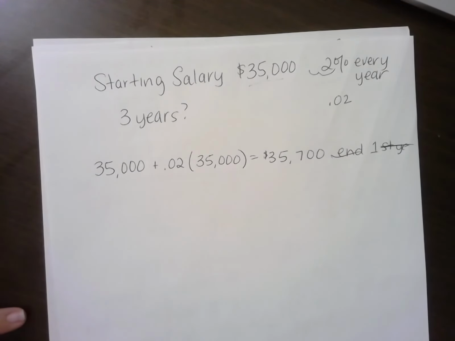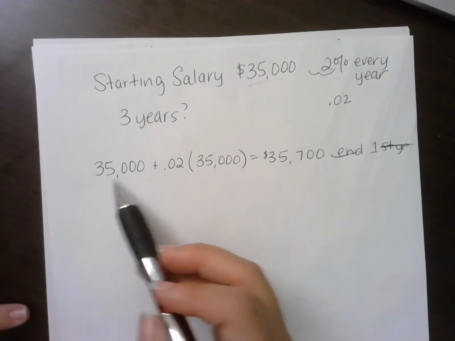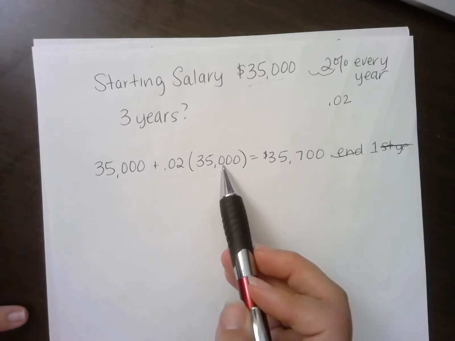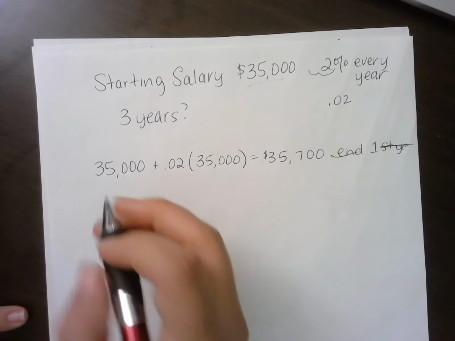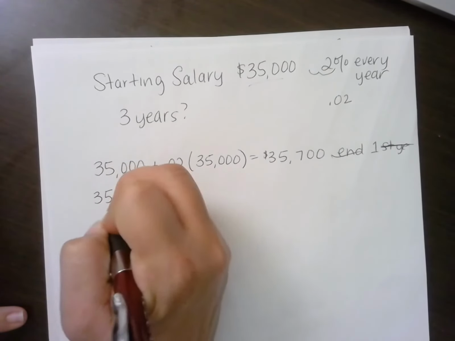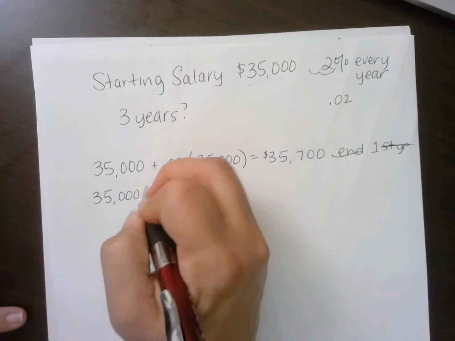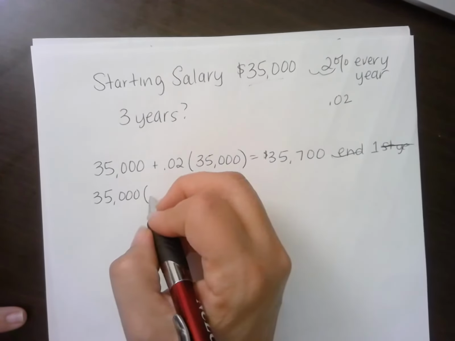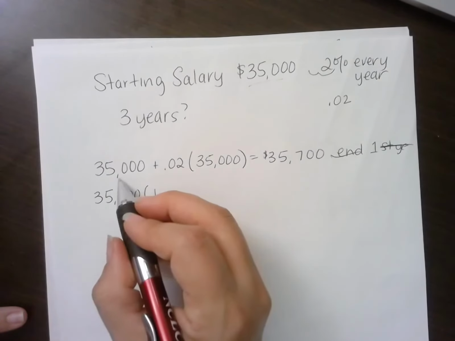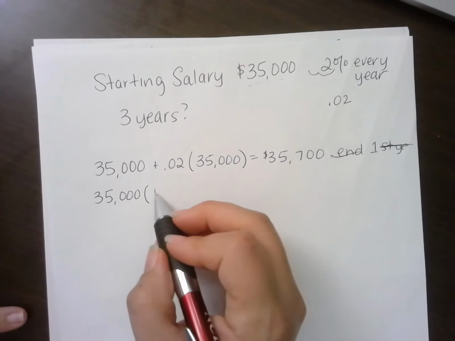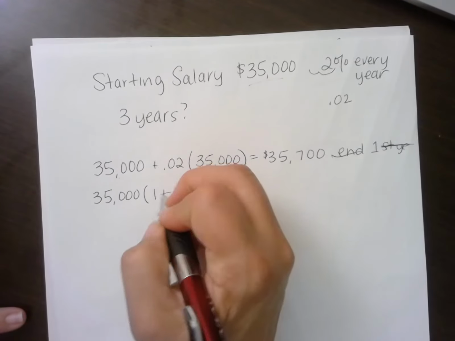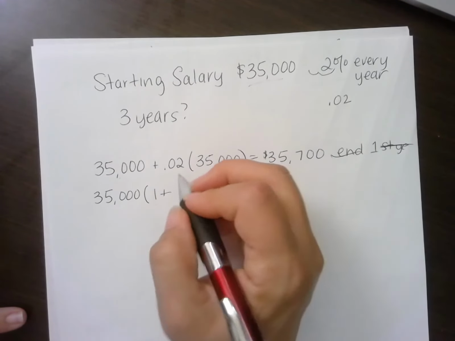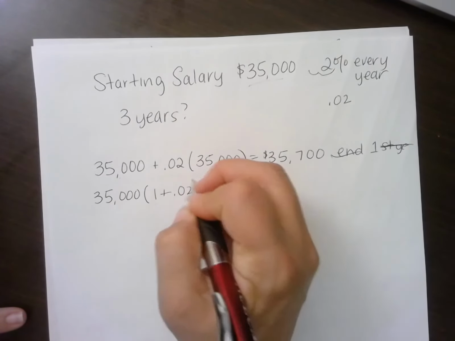Now I would like to point out that if I leave it like this, I have 35,000 twice, so I'm going to use my factoring skills and factor out the 35,000. I should have 2 things in this parenthesis. My first thing, 35,000 times 1 gives me this, and then plus 35,000 times 0.02.